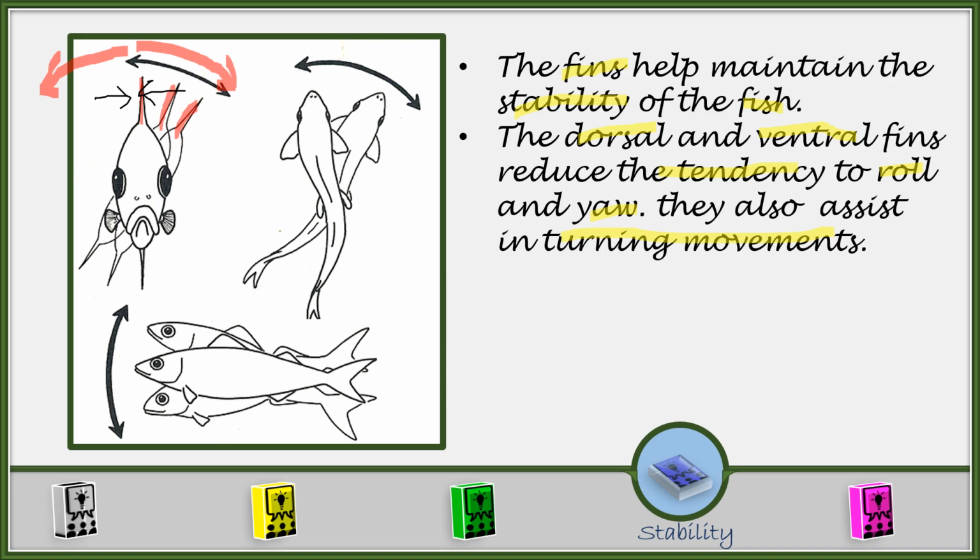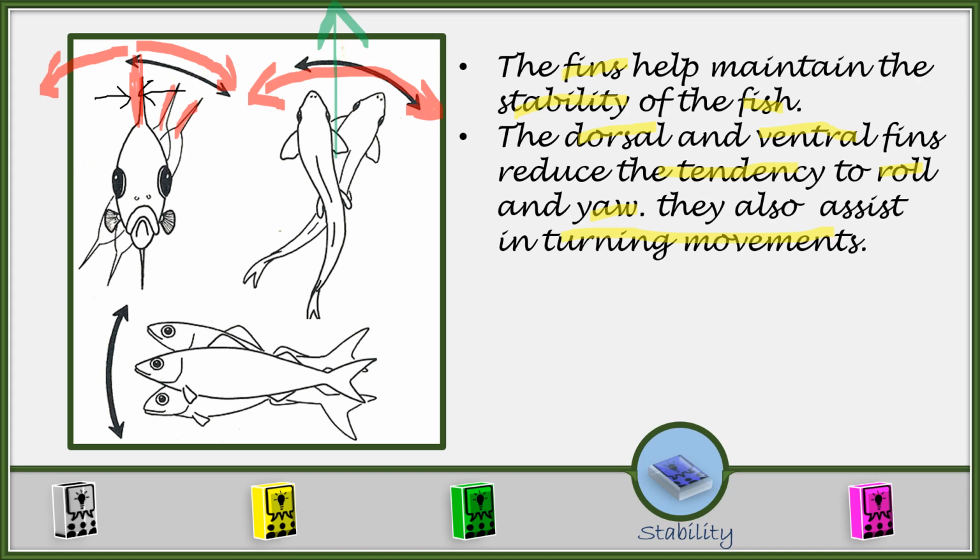So that fin in the middle is going to provide the stability so that it stays in one position. It does not go on the side. That is rolling. Now there is this one whereby it is moving side to side instead of moving in one direction going ahead. That is called yawing.